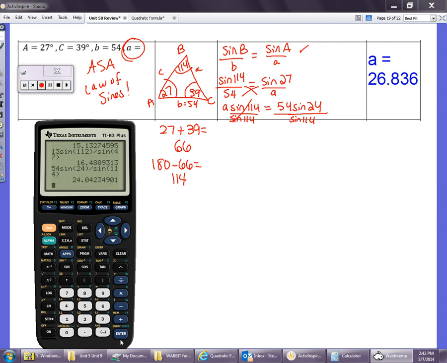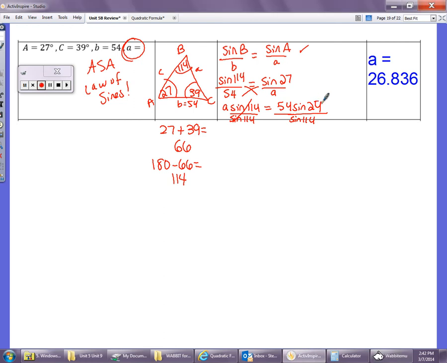And we get 26.8355. Since that fourth number is a 5, I rounded up to 6. Units.